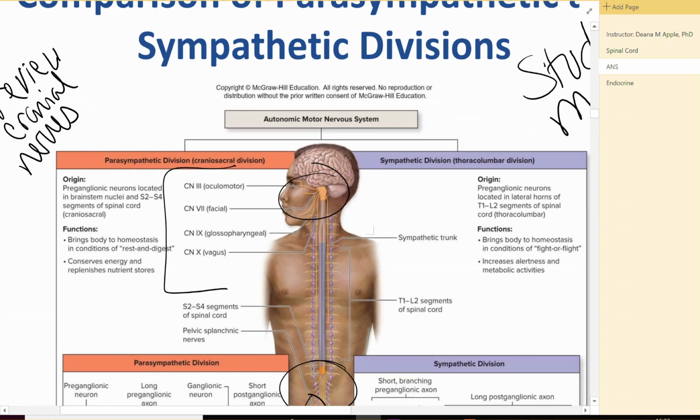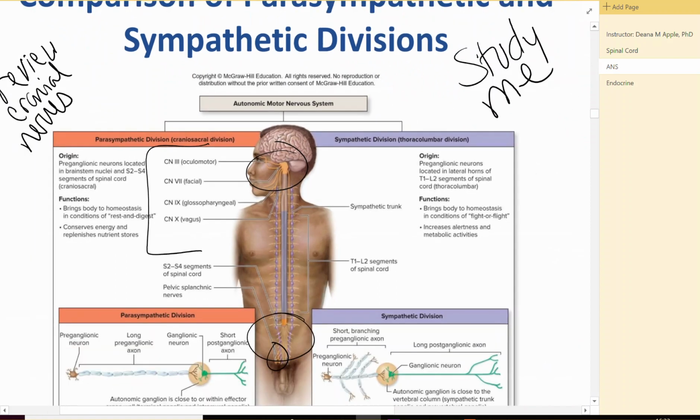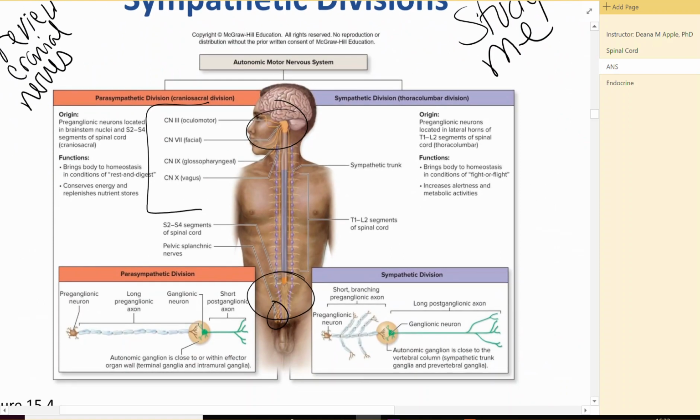Those are on the exam too. Everybody going nursing? Yeah, you need to know your cranial nerves for the NCLEX. So review cranial nerves as you're reviewing this so that you can understand why the oculomotor, facial, glossopharyngeal, and vagus are so important. Any guesses? Anybody remember anything about those?